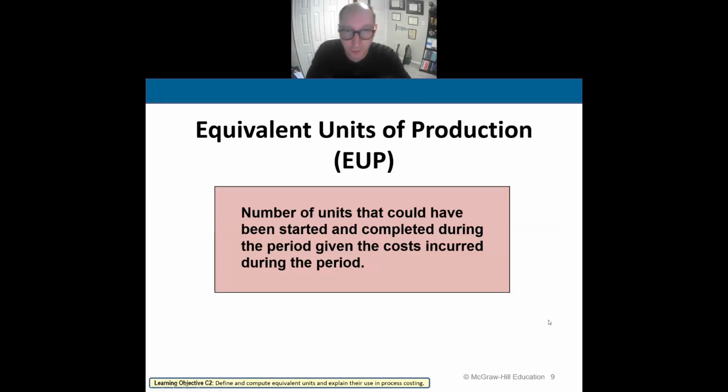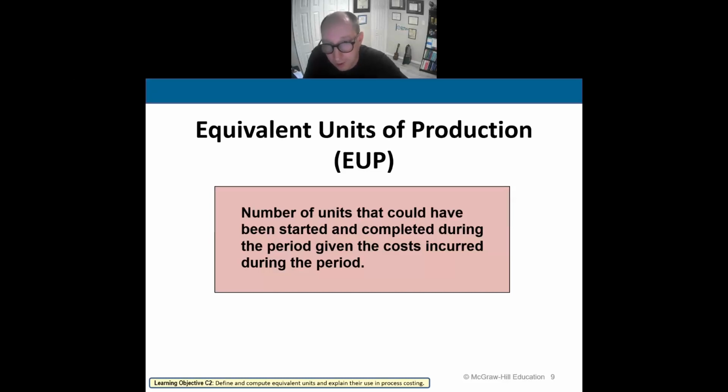We call these equivalent units of production. Now here's the definition. Equivalent unit of production: it's the number of units that could have been started and completed during the accounting period given the costs incurred during the period.